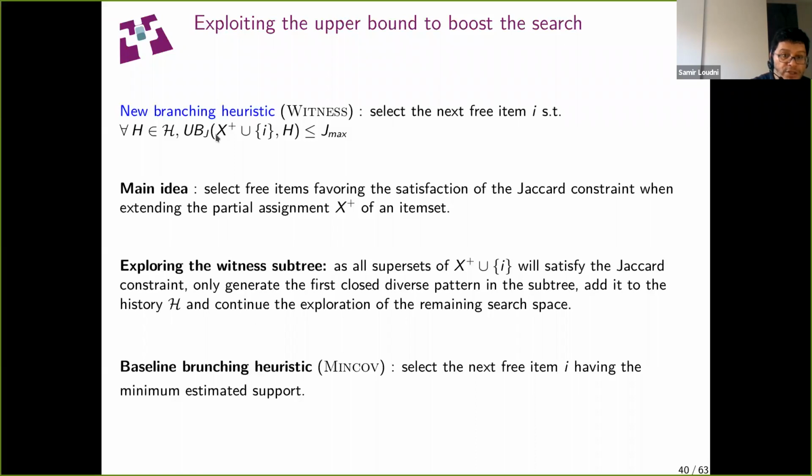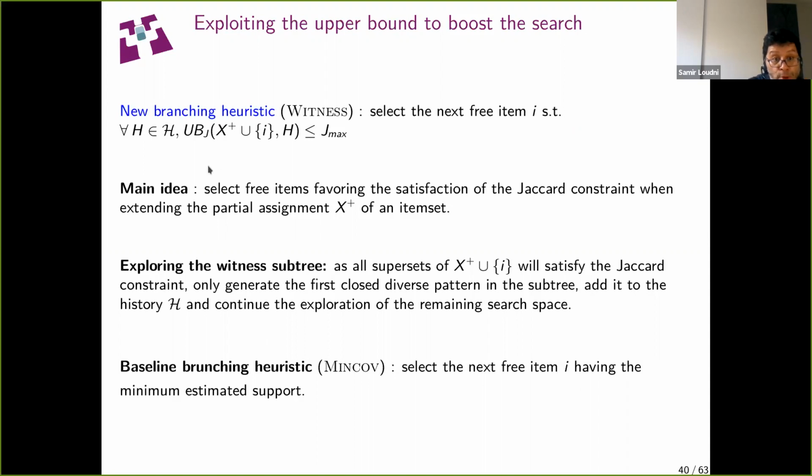So in this case, when you find what we call a witness item, an item which satisfies this condition, all supersets of this item set will also satisfy the Jaccard constraint. So what we do here is to generate only the first closed diverse item set pattern in the subtree, add it to the history H, and continue the exploration of the remaining search space.